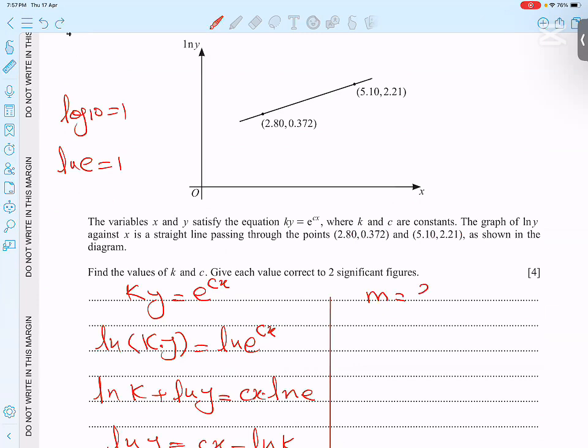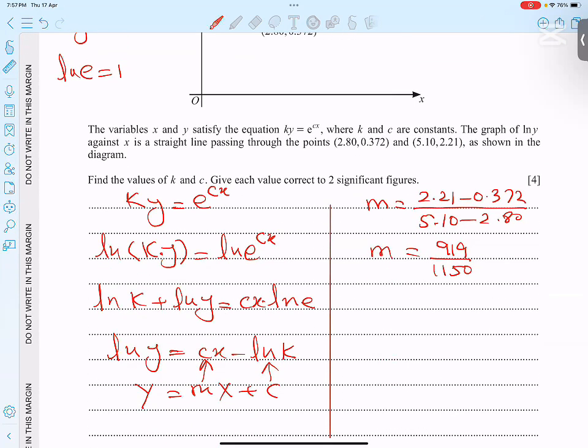So when I plug in 2.21 minus 0.372 over 5.10 minus 2.80, the gradient, if you check in the calculator, is 919 over 1150. I'm not converting it to decimal format, I'm leaving it here.